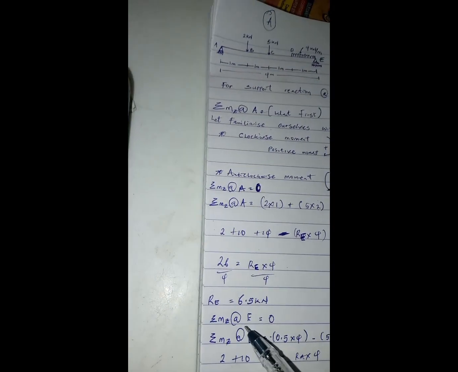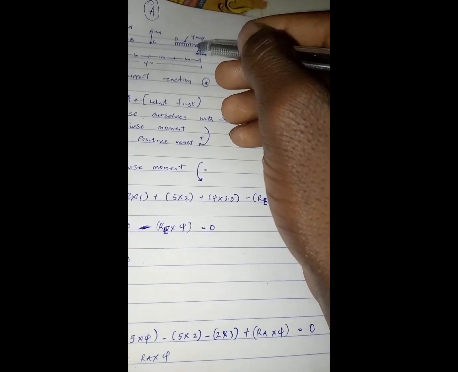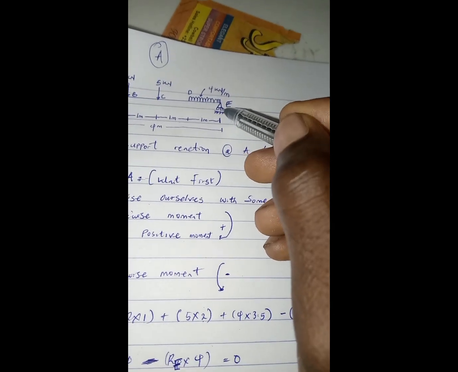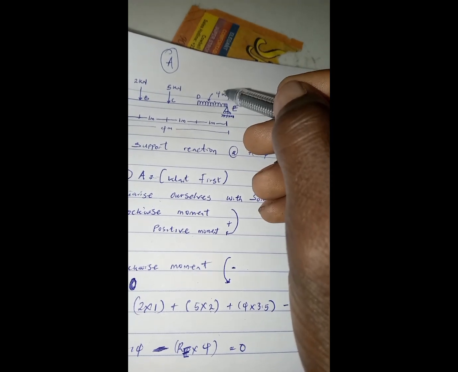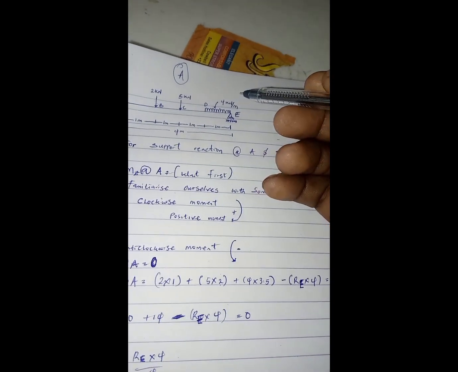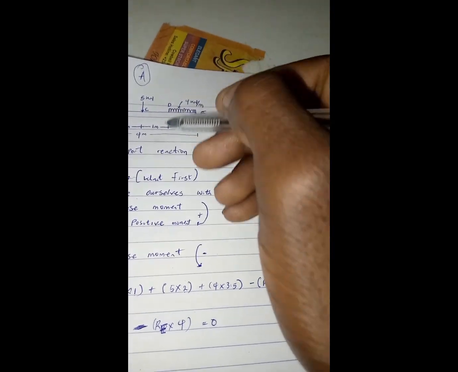And also taking the summation of moment about point E, equating it to 0, we see that at a 0.5 distance away from point E, there is a 4 kilonewton acting anti-clockwise, which is creating a negative moment.